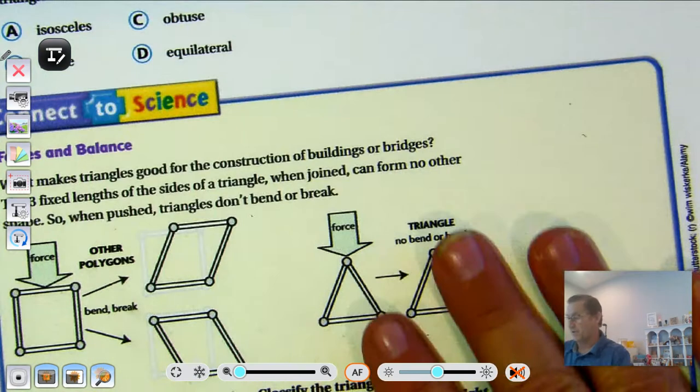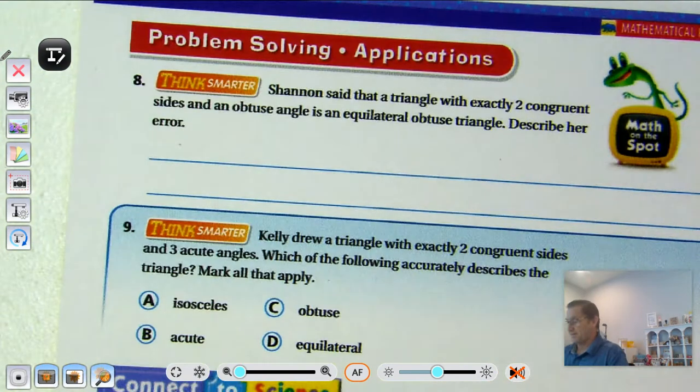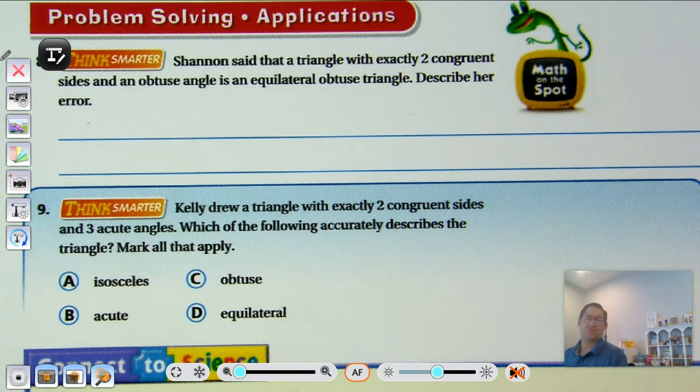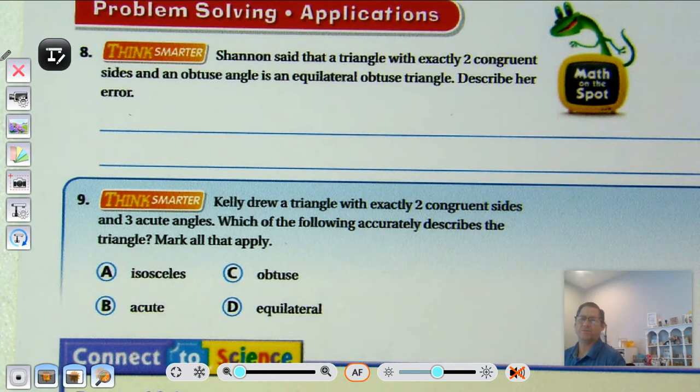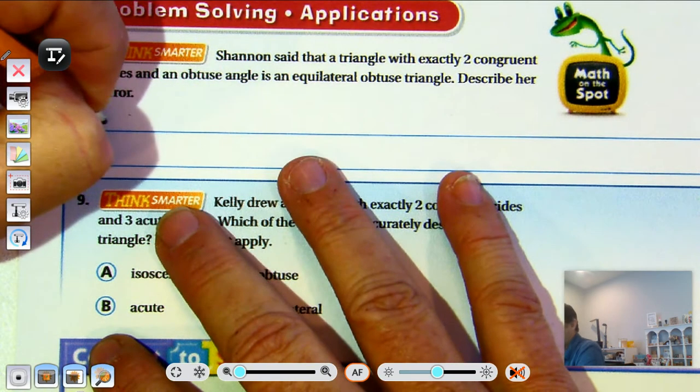All right, number 8. Shannon said that a triangle with exactly 2 congruent sides and an obtuse angle is an equilateral obtuse triangle. Describe her error. Well, if it's equilateral, all 3 sides have to be congruent.